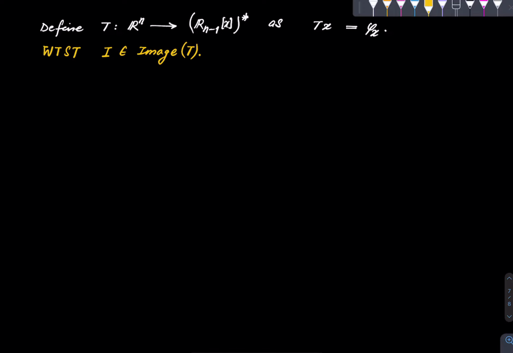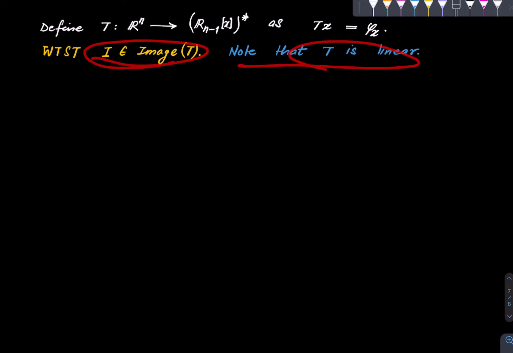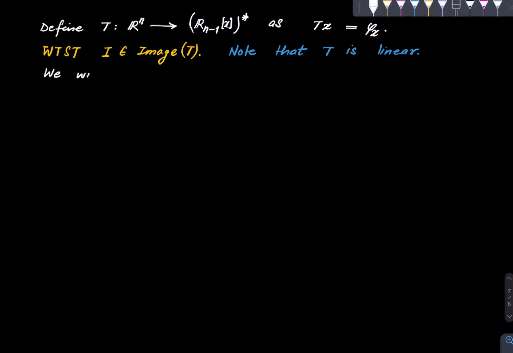Before I state that, note that T is also linear. So this is what we want to show, and we'll exploit the linearity of T. We will show that T is surjective, which will prove what we want.